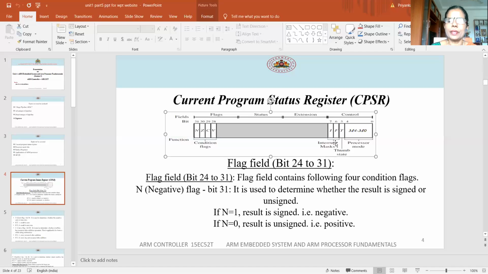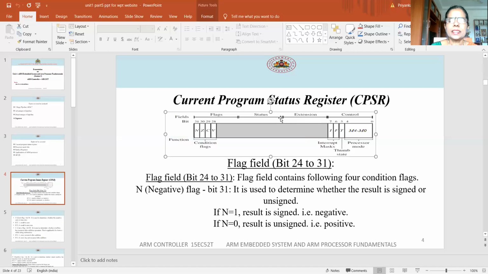Extension field, bit number 8 to 15: 8, 9, 10, 11, 12, 13, 14, 15. These bits are reserved for future use. They are not used in the present Current Program Status Register of ARM7.